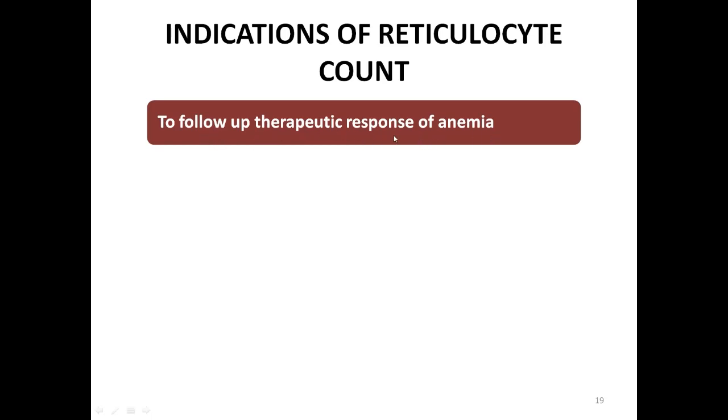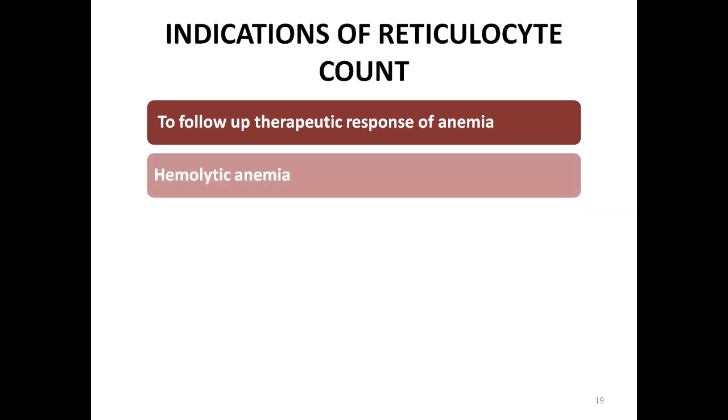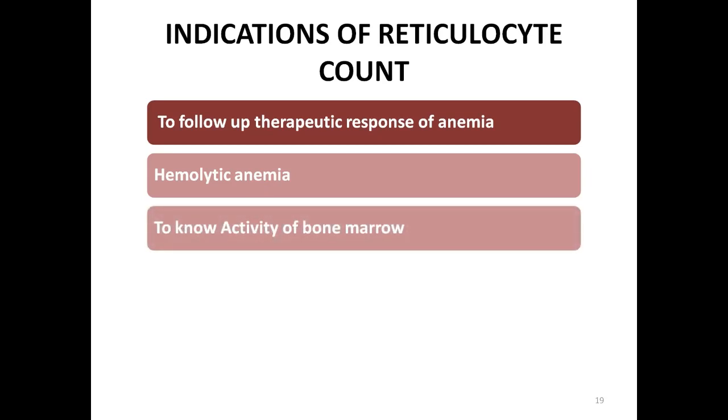Then in hemolytic anemia we can also do the reticulocyte count. Because there will be destruction of RBC, the count will be less. To know the activity of bone marrow: if the reticulocyte count is more, the bone marrow is more active. If the count is too low, then the bone marrow activity is less.